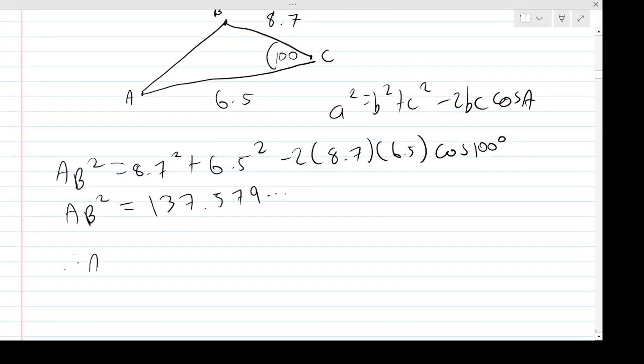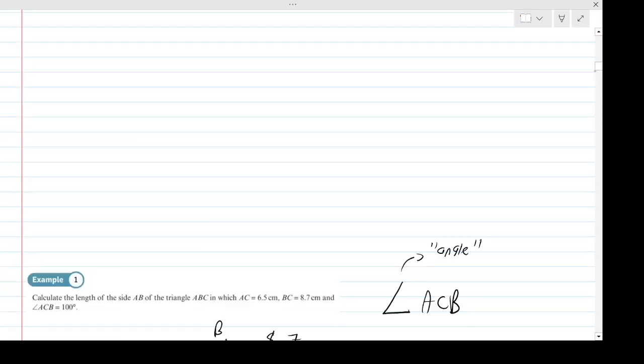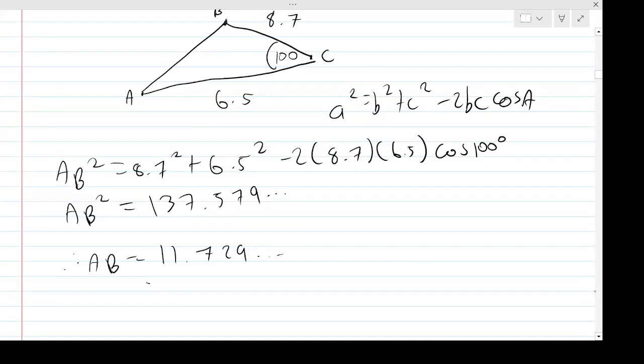So AB is the square root of 137 point something, and I get 11.729 and so on. Does it say to round it to anything? So I'll just say 11.7 to 3 significant figures. Okay.